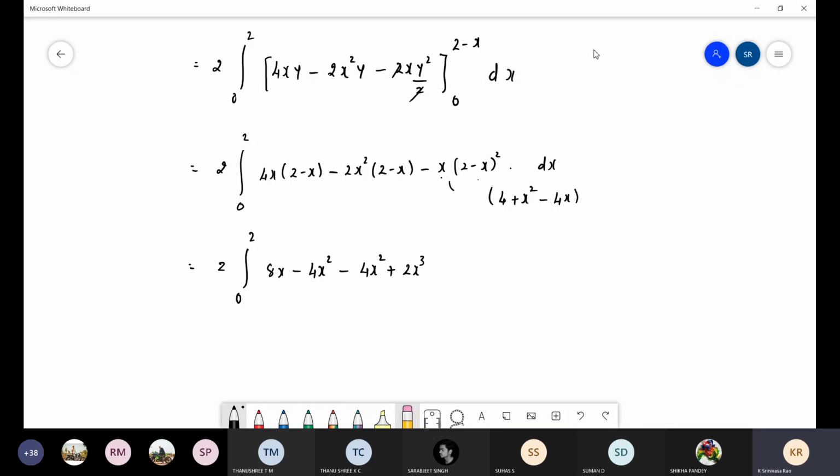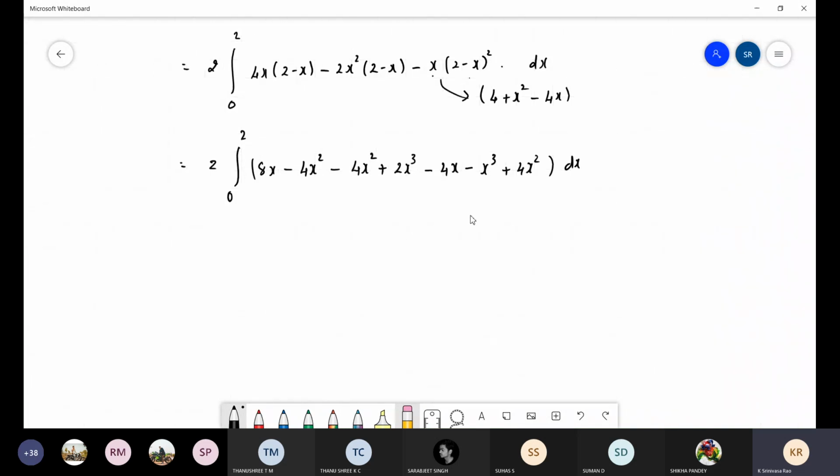Multiply with minus x, what will you get? Minus 4x, minus x cube, and minus into minus plus 4x square. This much of term is there with respect to dx; don't integrate yet because some terms are common. We can write in ascending or descending order, so I will go from higher order to lower order. 2 times the integral from 0 to 2.